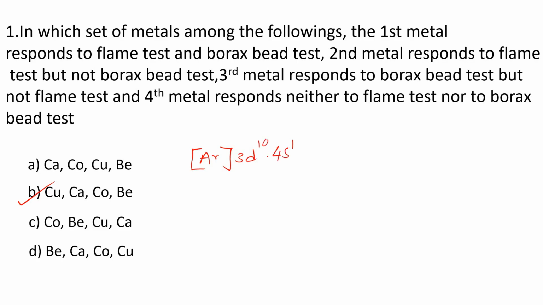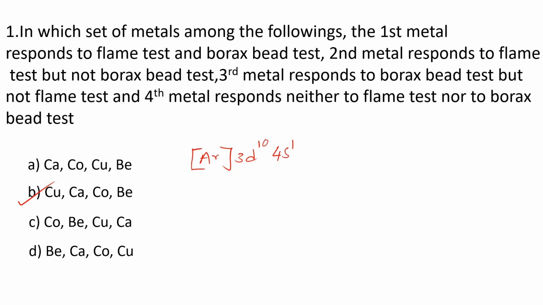To gain stability, this 3d orbital becomes fulfilled. This electronic configuration allows the copper metal easy thermal excitation. That means the thermal energy of this flame can excite the electrons, and copper gives flame coloration in the visible range.